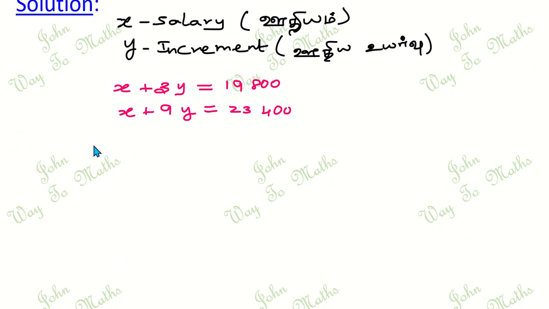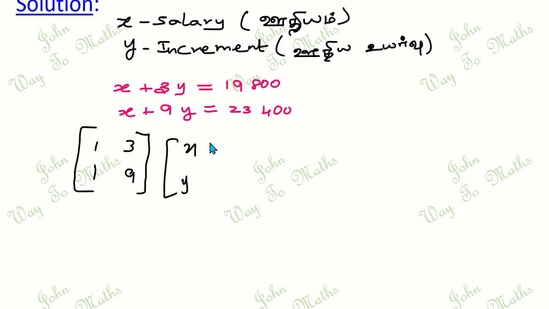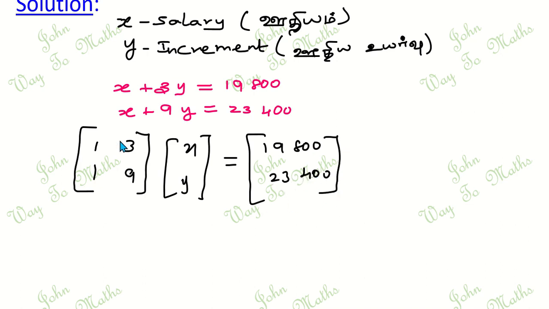So first, coefficient of x becomes 1 1, coefficient of y becomes 3 9, matrix x y which is equal to the constant matrix, so 19,800 and 23,400. Then I'm going to give names for the matrices.